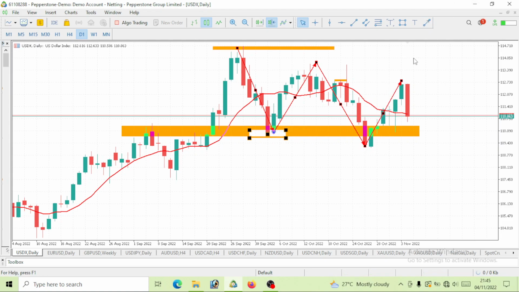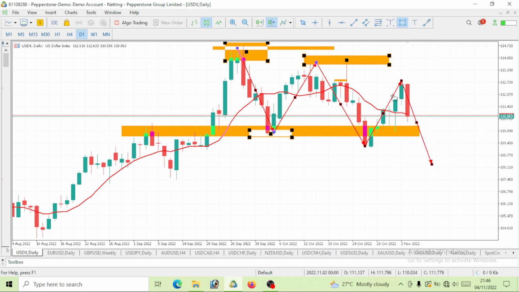And guess what? We saw that this correction that was made here actually failed to break this previous level here. Price dropped, broke this level, right? Now a correction has been made. Notice that this correction has failed to break this level, and now we are having another bearish move, which I strongly believe will break this level.